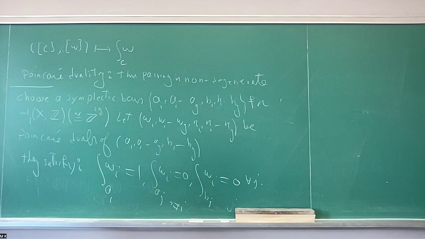I was wondering what happens when omega I and BI are the same, but it's 0. Yeah, it's 0.